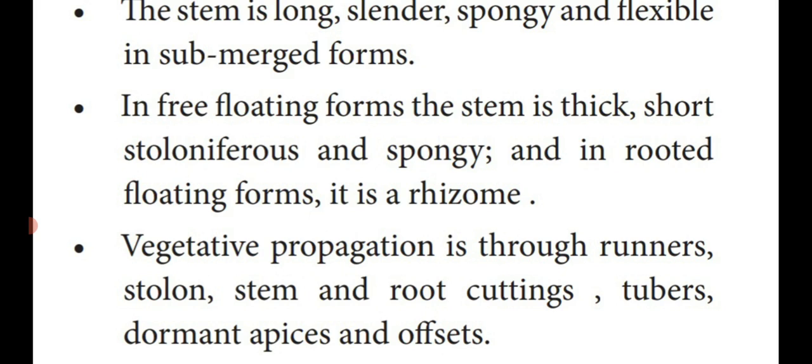These apical meristems take some resting period, known as dormant. During the favorable season, they give rise to a new individual and offset. So these are all the different stem and root cuttings which are responsible for vegetative propagation.